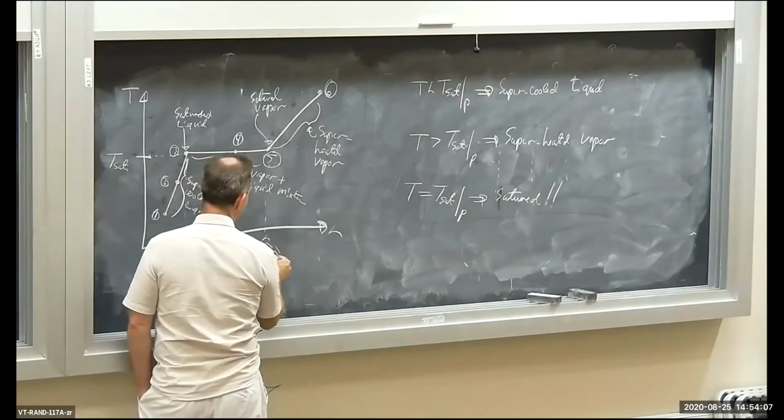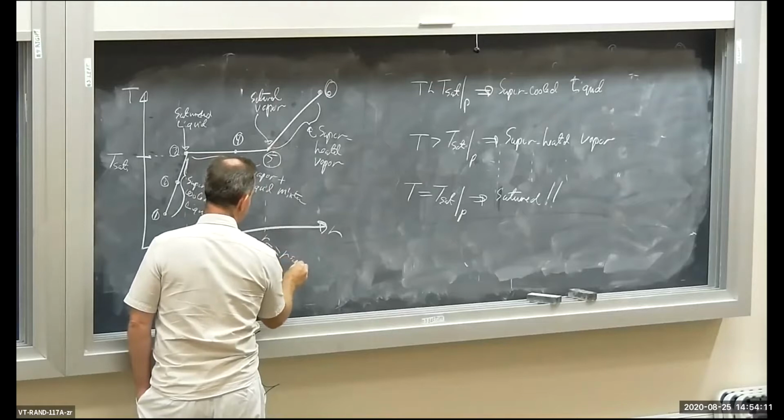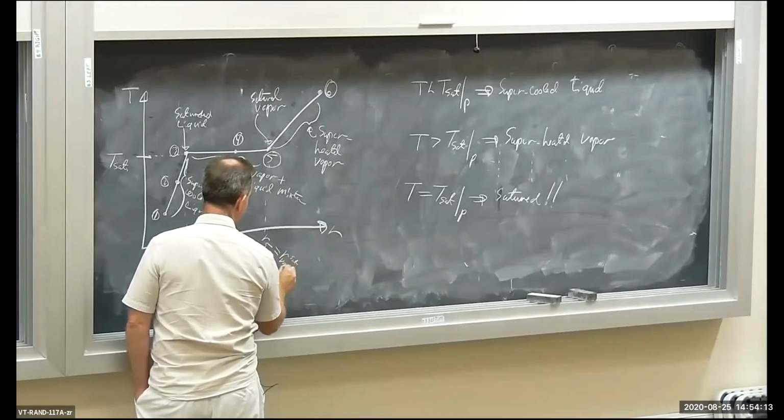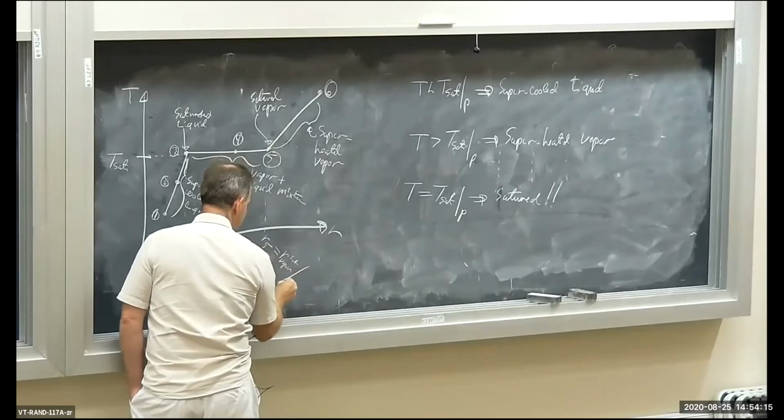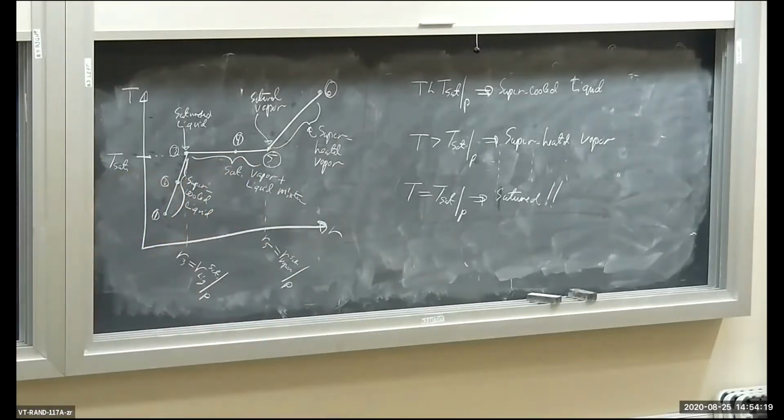At state 5, we're saturated vapor. So this is V of the saturated vapor at some pressure, P. Okay?